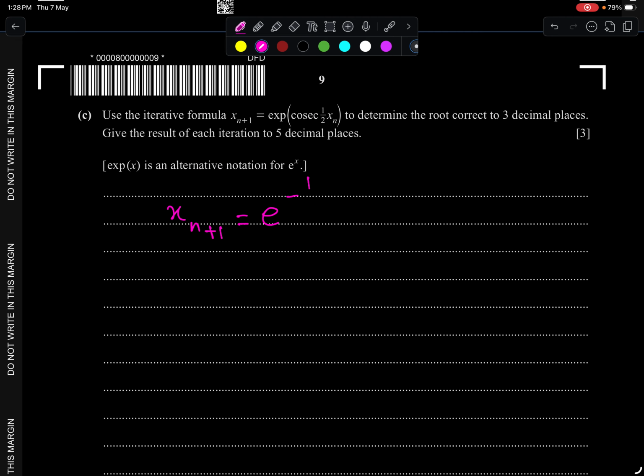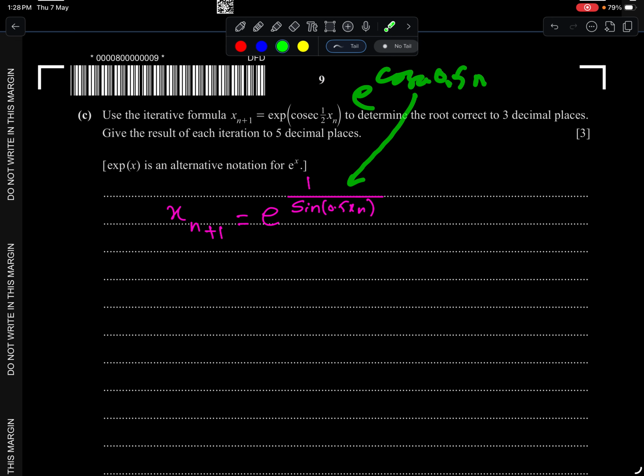Because in the calculator we don't have cosec, we have to convert cosec into the form of sine. So this is e to the power cosec 0.5x(n). Now write this as e to the power 1 upon sine 0.5x(n). Now get the x1. How to get x1?